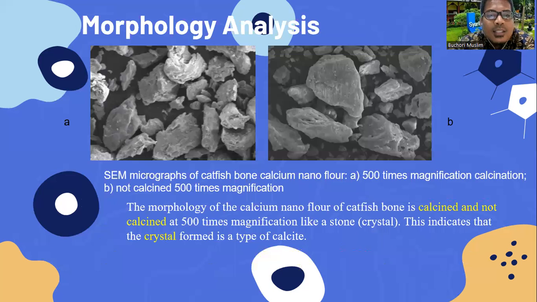And next slide, this is a picture of morphology analysis. SEM micrograph of catfish bone calcium meal, A calcined at 500 times magnification, and B not calcined at 500 times magnification. The morphology of the calcium of catfish bone, calcined and not calcined, at 500 times magnification looks like stone crystal. This indicates that the crystal form is a type of calcite.